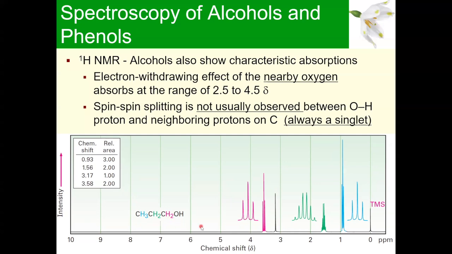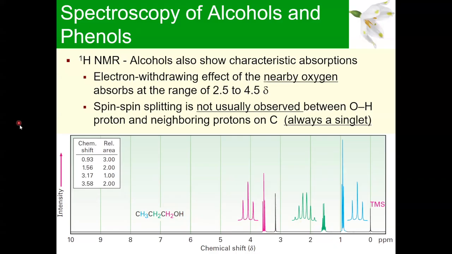So it's going to exhibit itself as a triplet, 2 plus 1. And so that's what we see. It splits into a triplet. All right. And then finally, the alcohol hydrogen itself is a singlet, as we said before, because even though its neighbor has 2 hydrogens on it, the hydrogen on an alcohol does not cause splitting and it does not experience splitting. And so it shows up as a singlet.